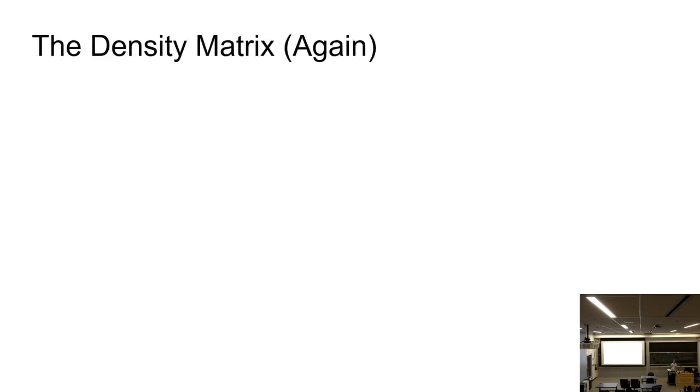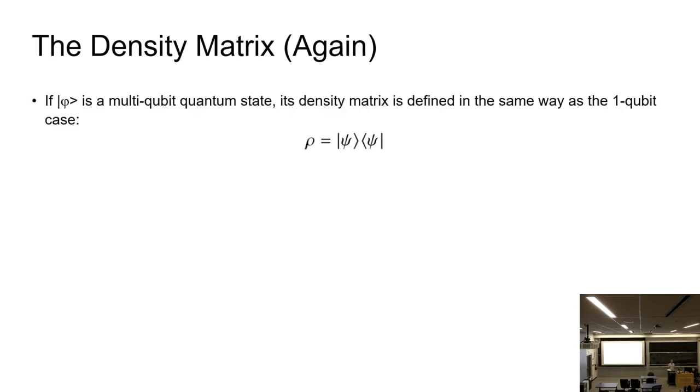All right. And so we can come back, and once we think about these entangled states, we can think about the density matrix, and nothing has changed. So if we have our quantum state psi being a multi-qubit quantum state, an entangled state, its density matrix is defined in exactly the same way as we defined it before.